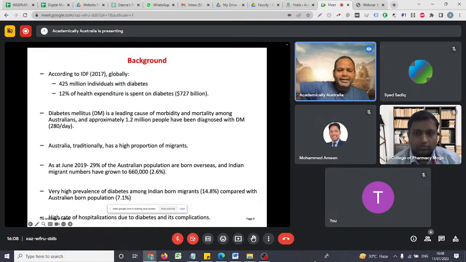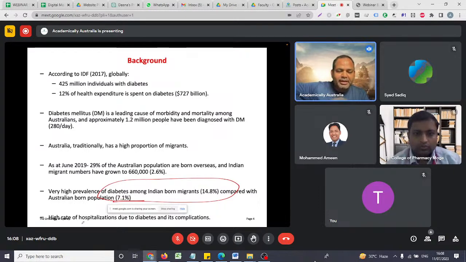If you see here, the normal population has about 7% with diabetes, but the Indian population has around 14.8%, more than double.